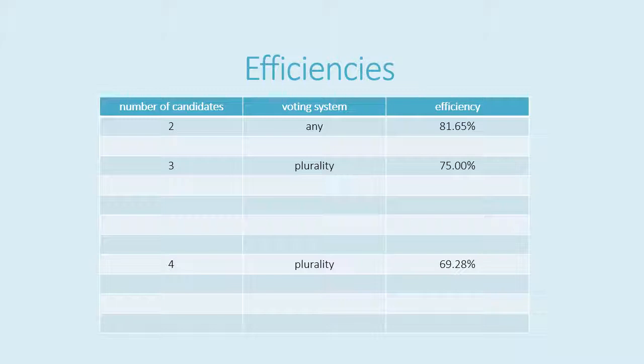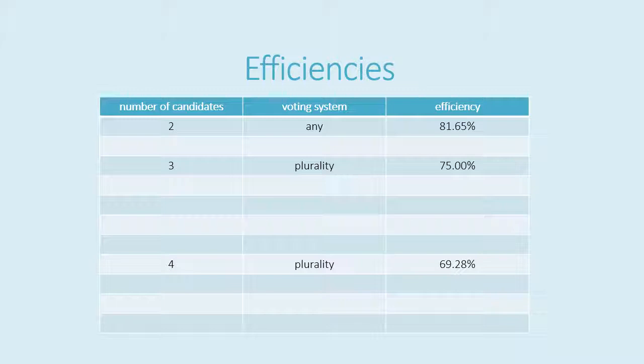When there are only two candidates, the efficiency of any voting system is about 81%. This is the price we pay for not being able to measure a voter's overall intensity of preference. Under the plurality rule, efficiency drops as the number of candidates increases.